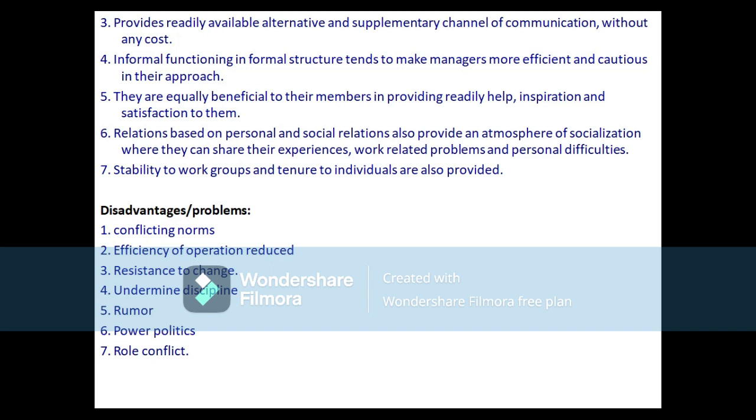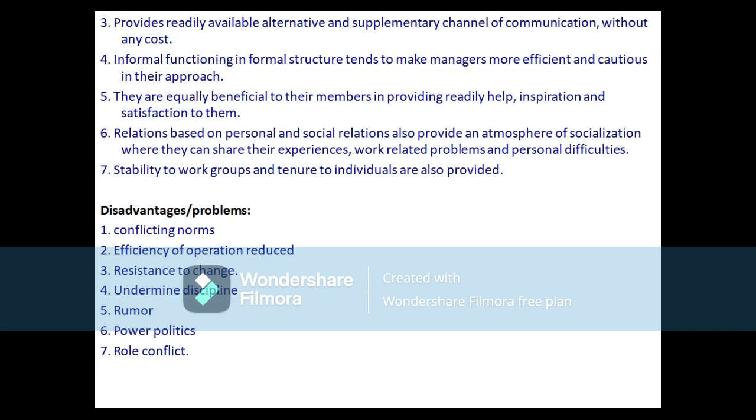Coming to disadvantages, what are the disadvantages or the problems? First one is conflicting norms. Conflicting norms, in the sense, as I said before in the coordination aspect, if the persons in the group have good norms or good attitudes within the members of the group, it leads to advantage.